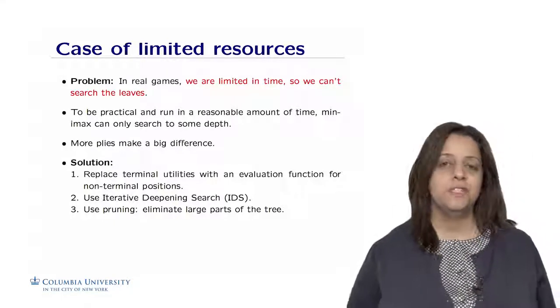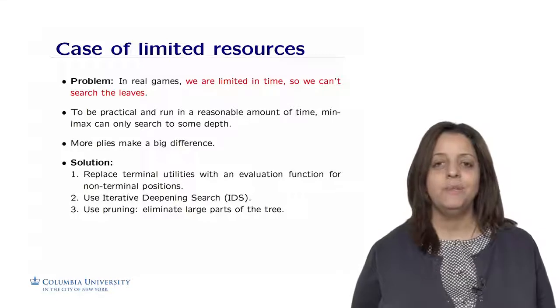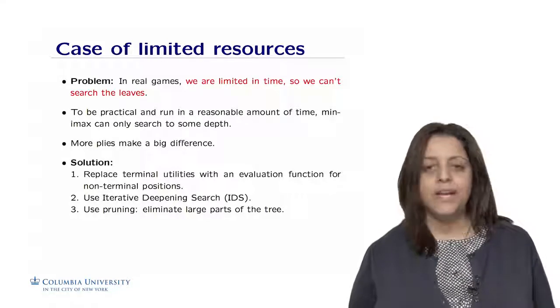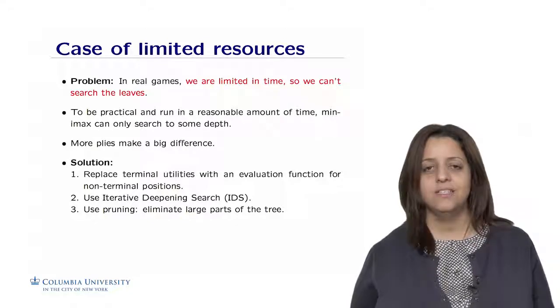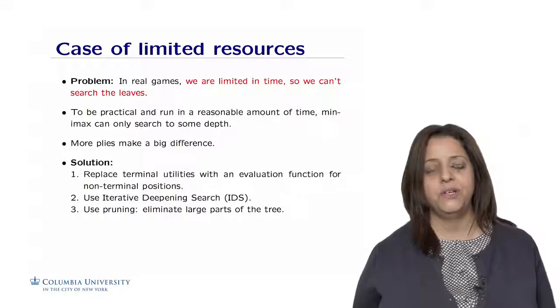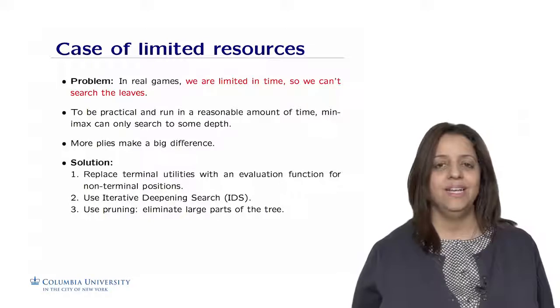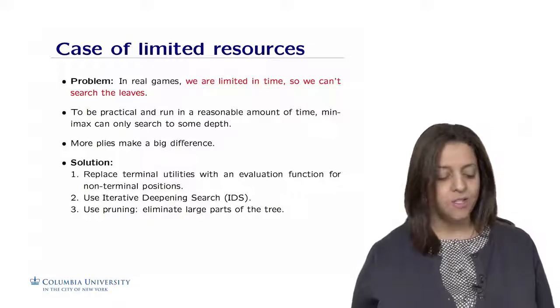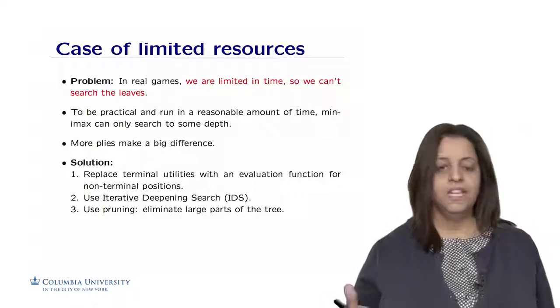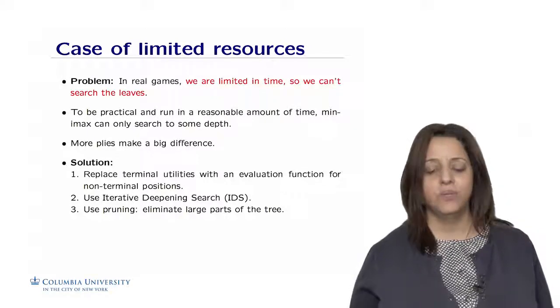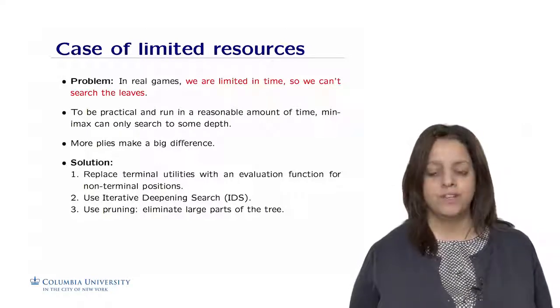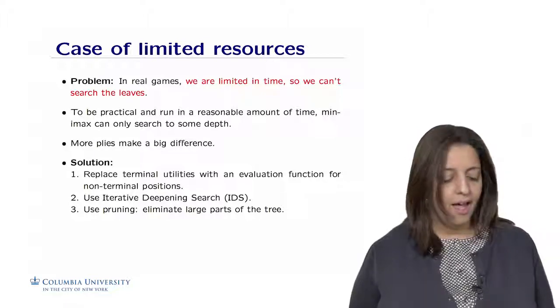The solution for this big problem is to replace terminal utilities with an evaluation function for non-terminal positions. Remember, Shannon initially suggested cutting the search earlier, because there is no way we can get all the way down to the leaves. So let's stop earlier and have an evaluation function that tells us roughly how this position is doing.